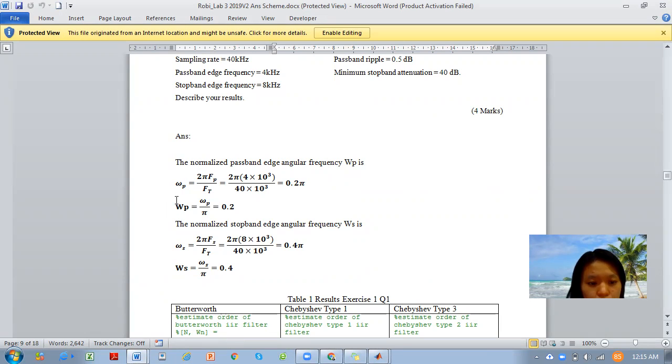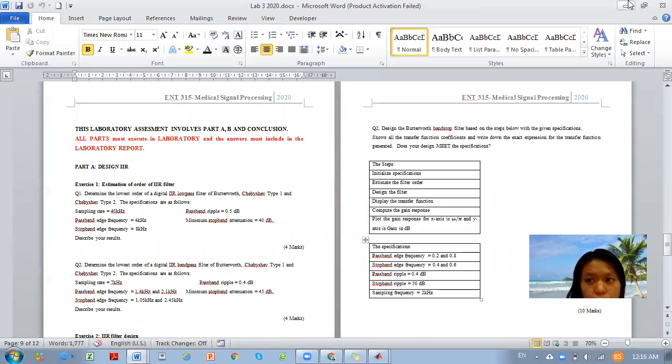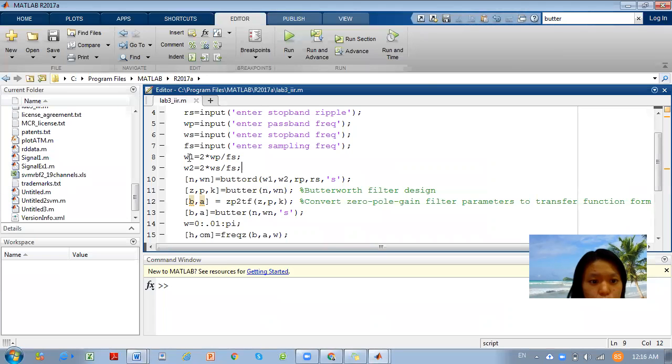In order to get our WP, we divide, and we will get 0.2. This is how to calculate our angular frequency. The same applies to our stop band angular frequency. This is what we do with these two formulas for our passband and our stop band.